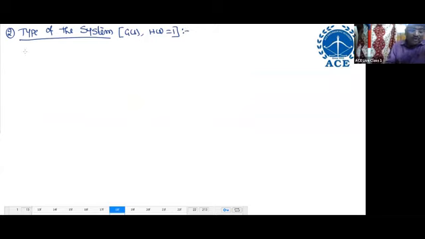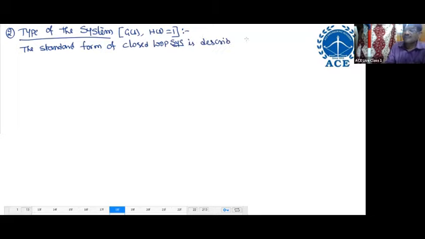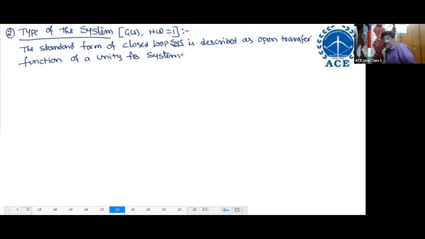The standard form of a closed loop system is described as the open loop transfer function of a unity feedback system.